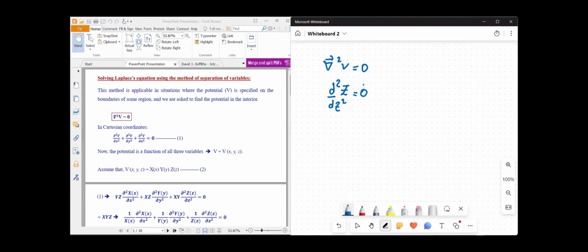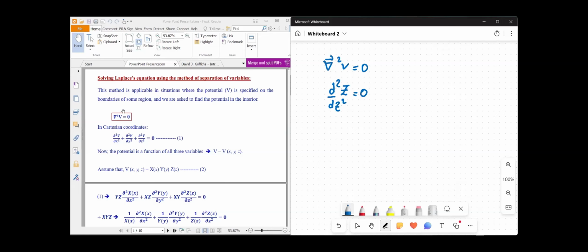But in general, when we are dealing with geometry, it can be a three-dimensional geometry. In those cases, we might have all three coordinates in a Cartesian coordinate system, for example x, y, and z, all three components. If we have a situation like that, how are we going to solve this equation in a three-dimensional system?